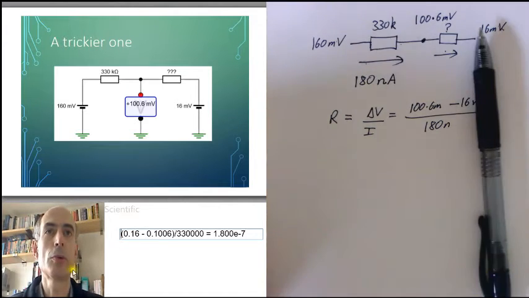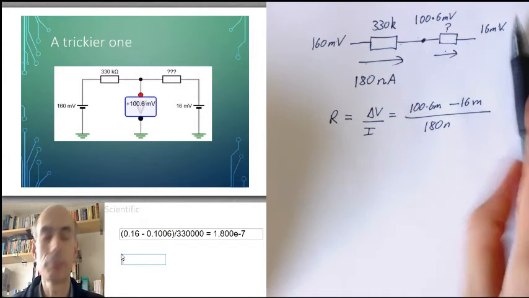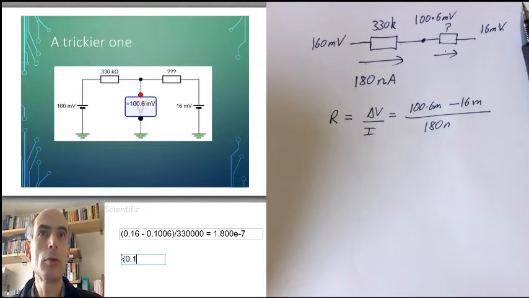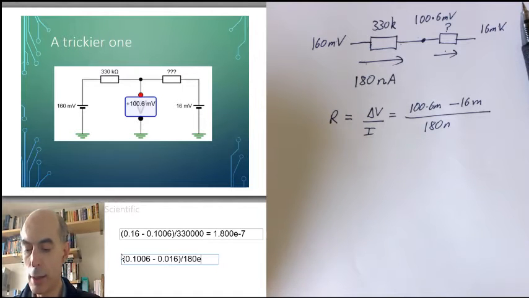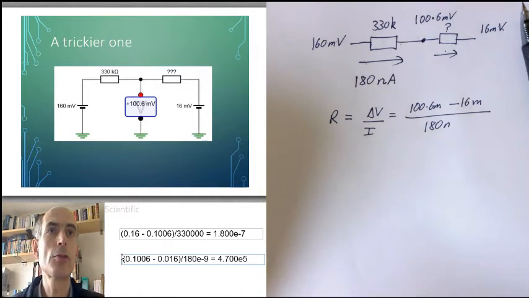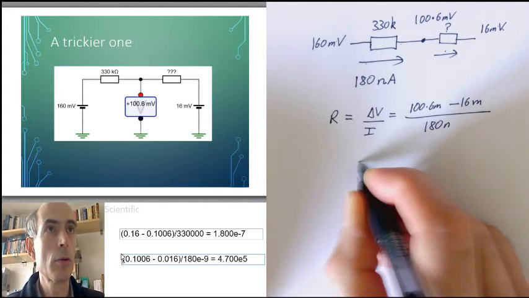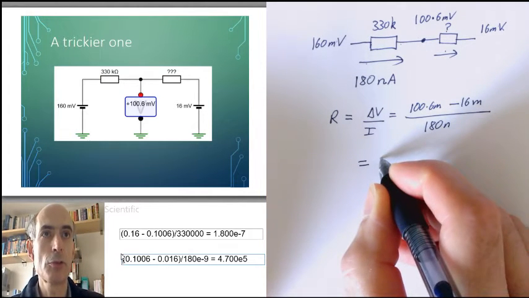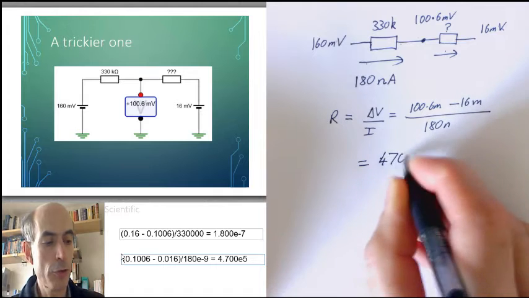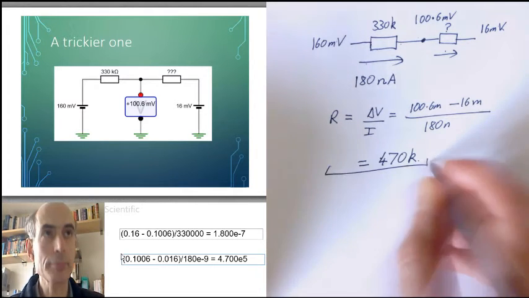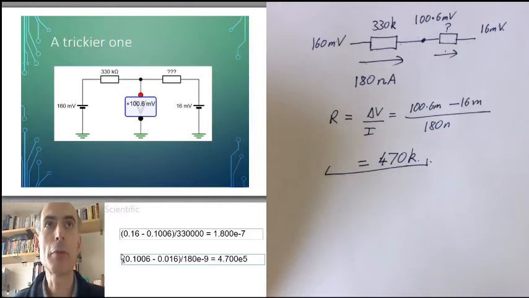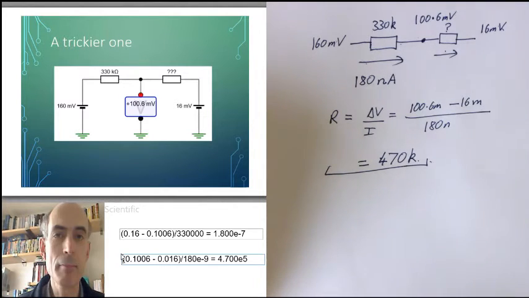And we can just work that out and get 4.7 times 10 to the power of 5, which is 470K. So our unknown resistance must be a 470K resistor.